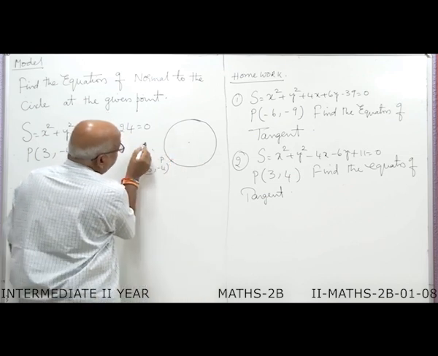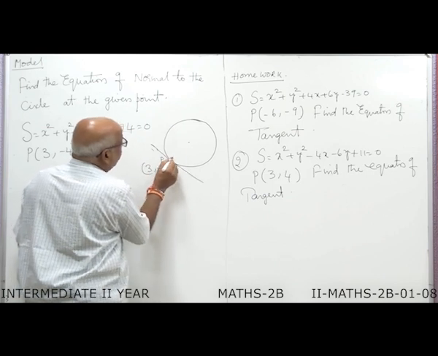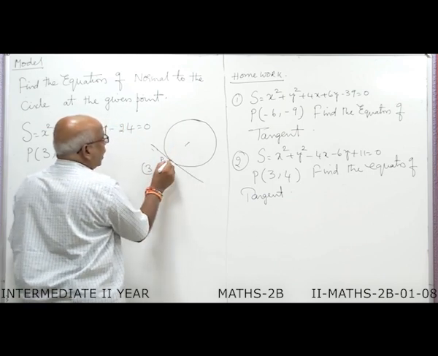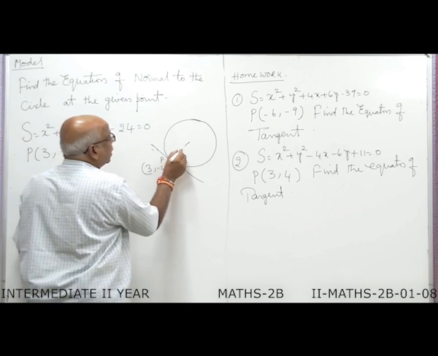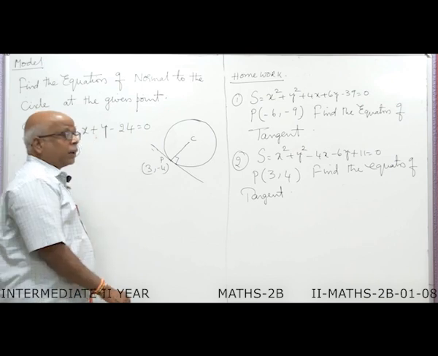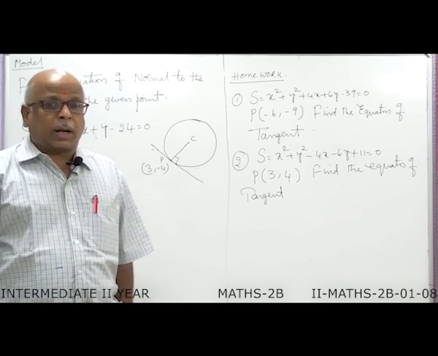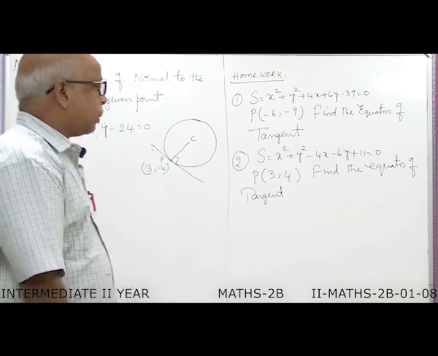This is a tangent. The line perpendicular to the tangent at the point of contact is the normal.